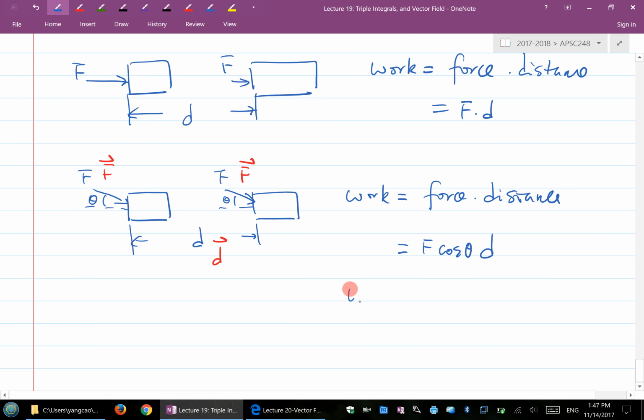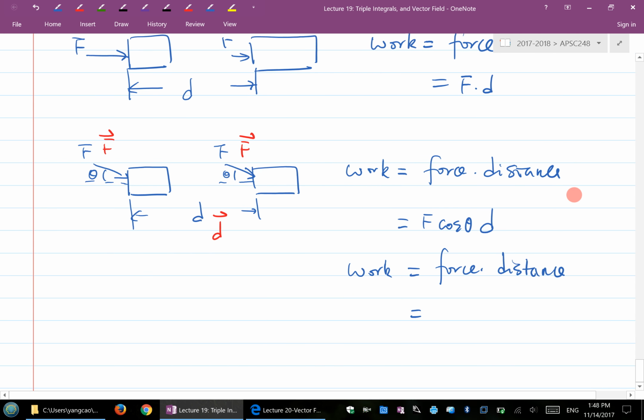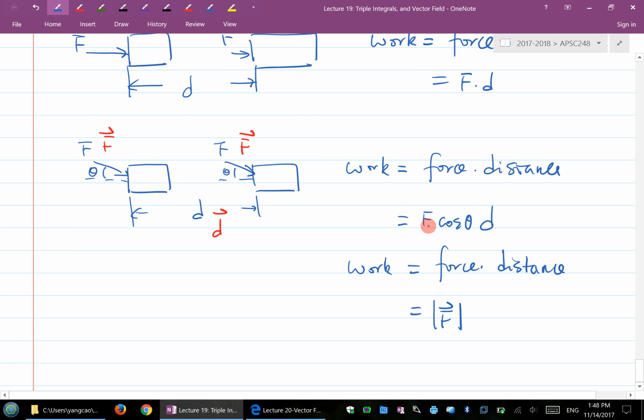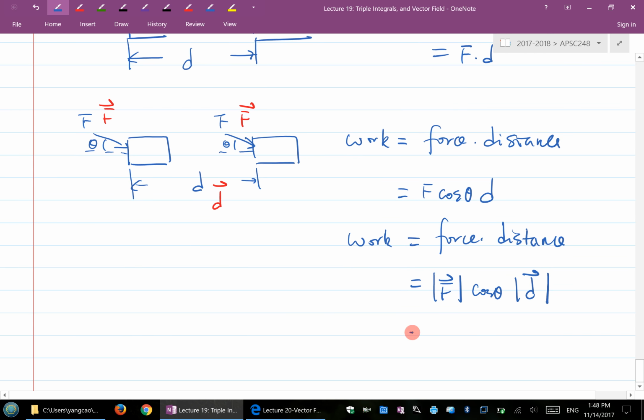It's still force times distance, but we will write the whole thing using vector notation. Vector notation means it's the absolute value of F times cosine theta, times the absolute value of d. Same thing, just rearranged.